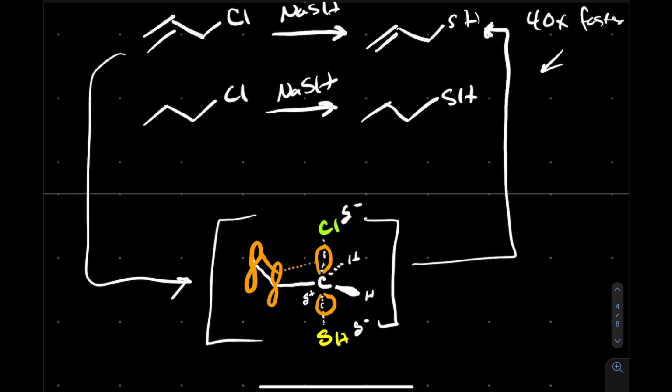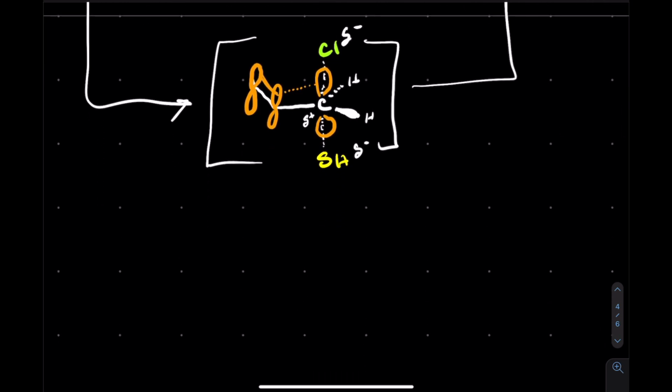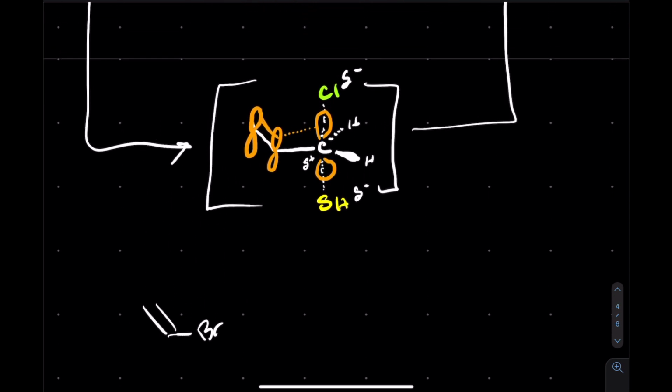Now, it's worth pointing out, and I had mentioned this in a prior lecture, that this does not hold true if you are going to do a reaction like this. You just put a vinyl double bond, and I call that vinyl, and this is called allylic.